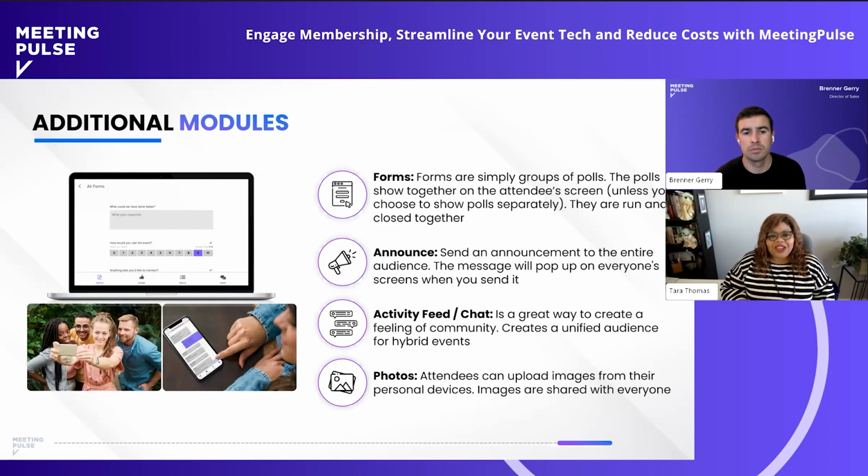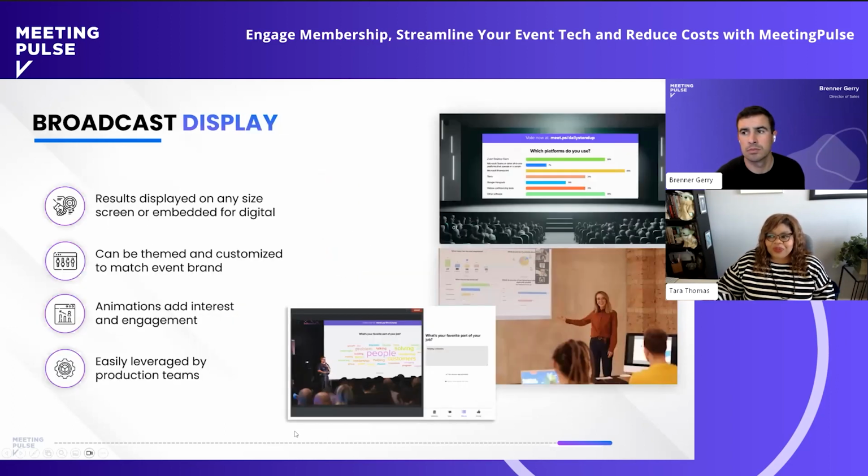Our activity feed, which is great for events where there's a group chat going on that includes images and the ability to react via emoji. And of course, our photo gallery. Most people love to document where they went to dinner, who they connected with, what they saw in a session or in another activity at your event, and photos lets you do that in a great way.